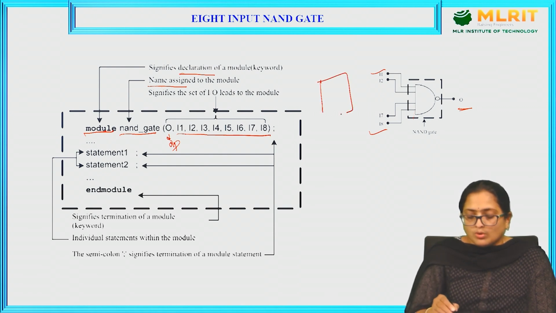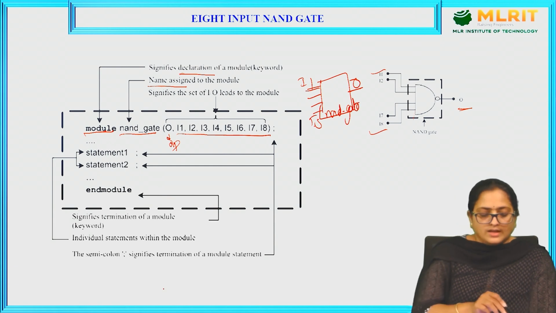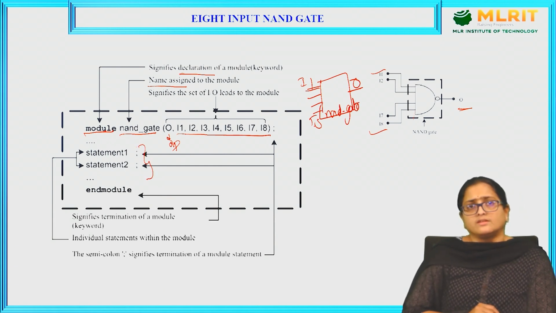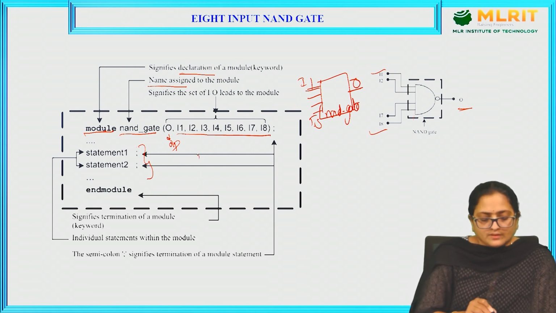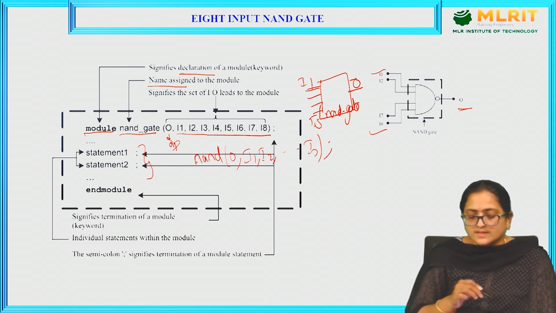So now this is a block which has an output O and inputs from I1 to I8, and this block name is given as NAND_gate. These are the individual statements which can be written and ended with a semicolon. NAND is available as a primitive: nand, comma, O output, comma, inputs I1, I2 till I8, ending with a semicolon.